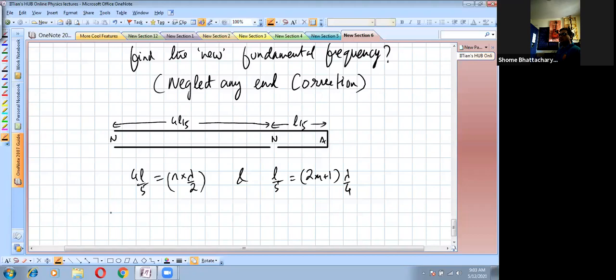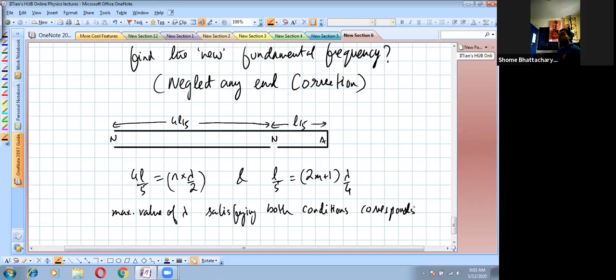So the maximum value of lambda satisfying both conditions corresponds to the fundamental frequency. The new fundamental frequency.